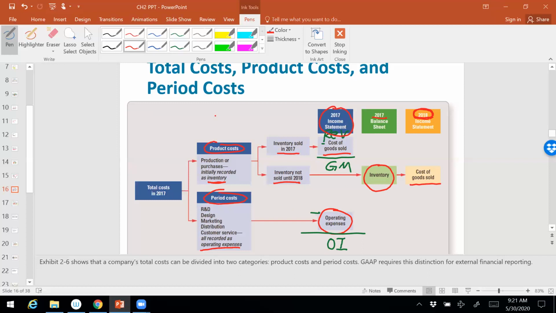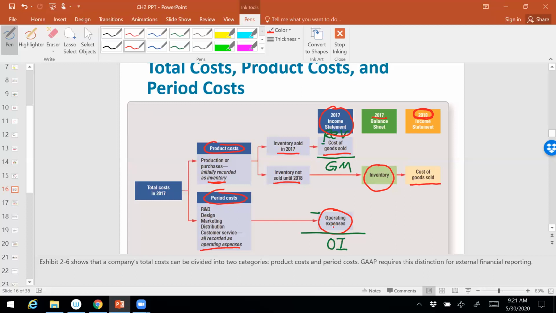So for the product cost, you cannot expense them until you sell them. But for the period cost, you expense them in the same year, 2017. You don't wait until 2018, right? Whenever it happens, you just expense them as operating expense.